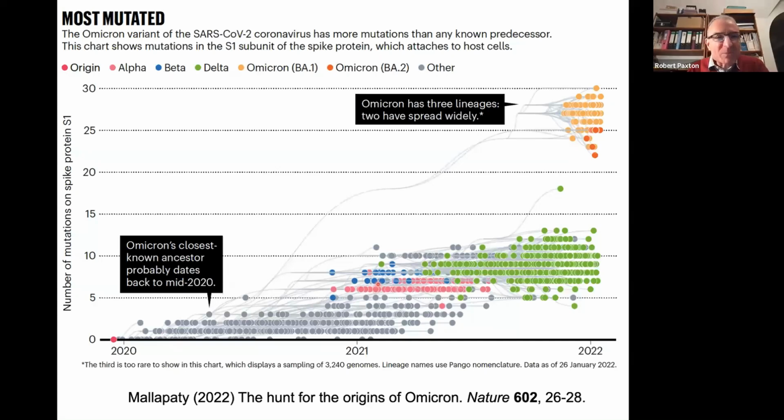In the pink here, we've got alpha, and then in green, we've got delta arising, which is a little bit more different again, further from the origin. And then more recently, we've had Omicron last year, since 2020, which itself is spreading now. But that's not the end story for Omicron, because we're still going.